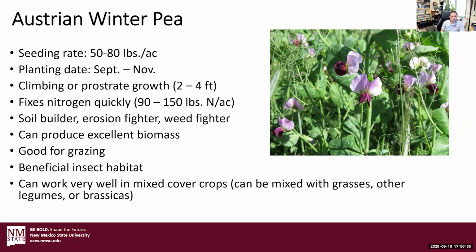It's really good at building soils, is a weed fighter as well. It provides excellent biomass. It's also pretty good for grazing. And then the flowers make a great beneficial insect habitat. And it can also work as mixed cover crops, can be mixed with grasses or other legumes and brassicas as well.